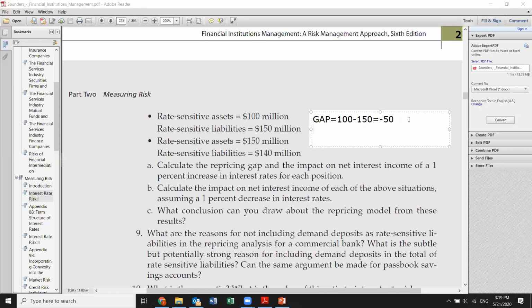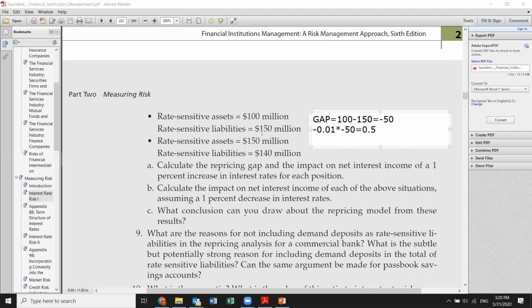Interest reduction by 1% is minus 0.01 times minus 50. So you should have a positive number here, which is $500,000, or 0.5 thousand. So it's a $500,000 increase.